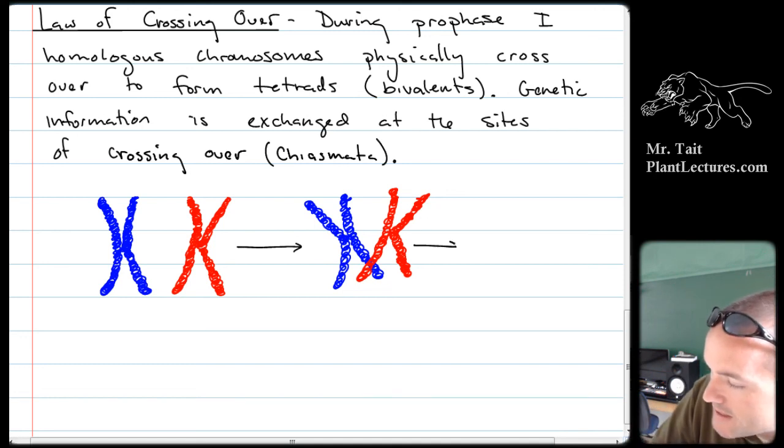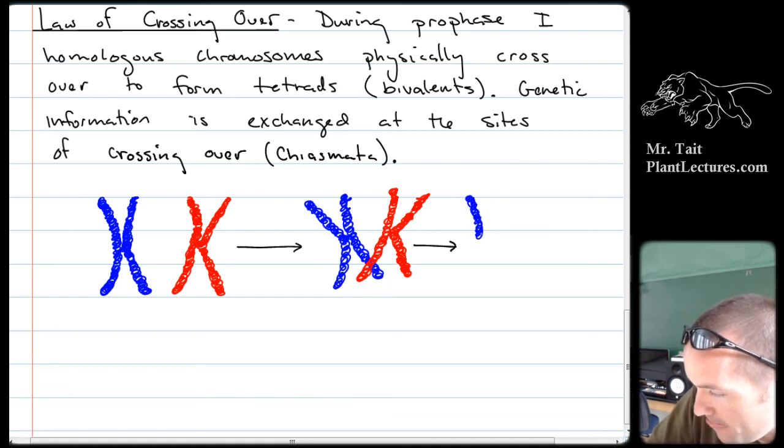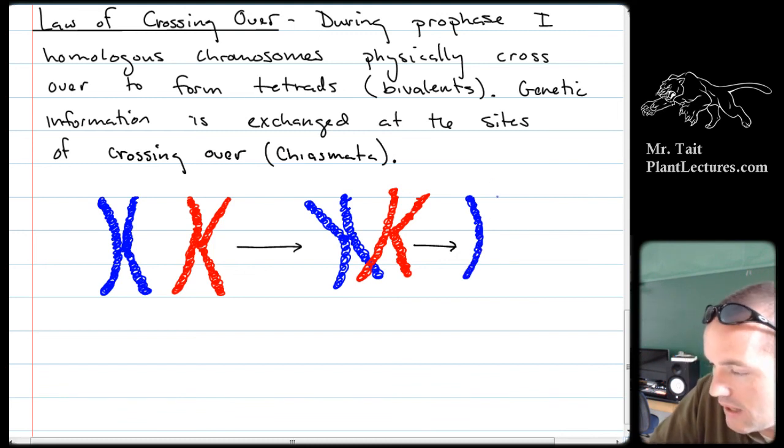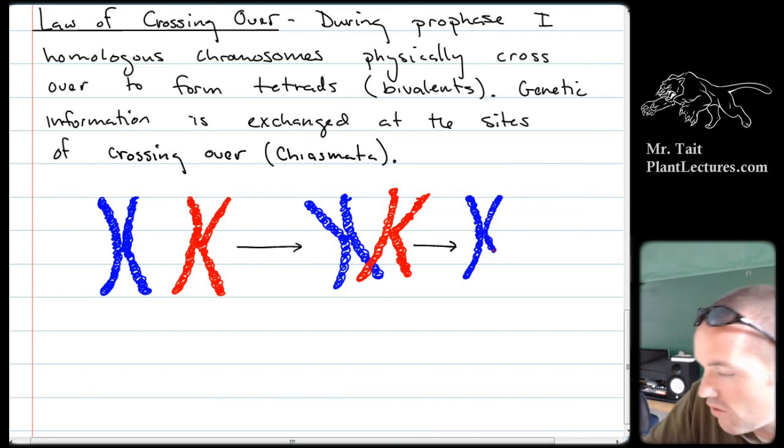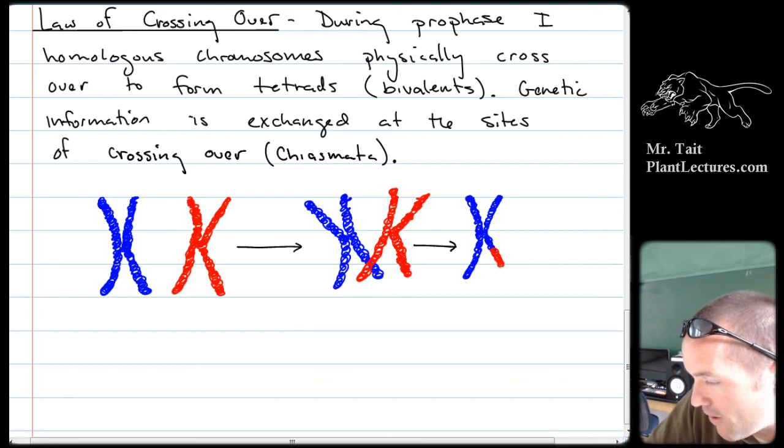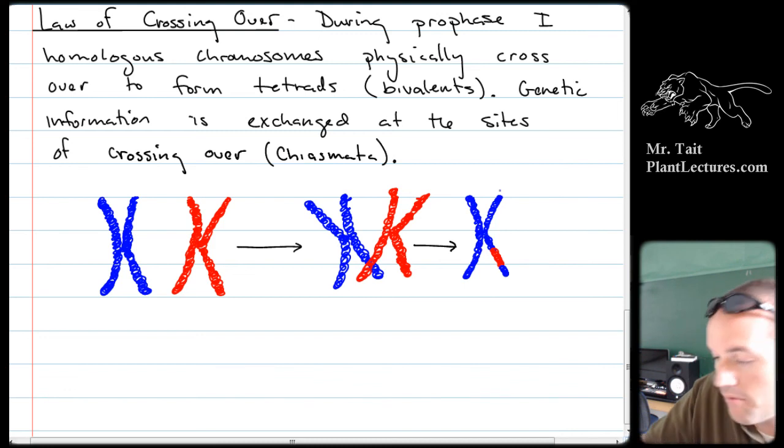The result of this is the exchange of genetic information. So after they get separated, in this case, we've got one of the sister chromatids that's totally the same as it used to be. And the other one now has a spot on it where it's been crossed over, so it's got a red spot on it, a spot that contains DNA from the other chromosome, from the homologous chromosome.